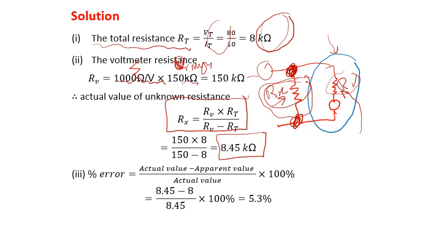So the value of the resistance we are measuring by itself is 8.45 kilo ohm. We measured 8 kilo ohm at the beginning, and now the actual value is 8.45. From there we can calculate the percentage of error using this formula, and we find that the percentage of error equals 5.3%.